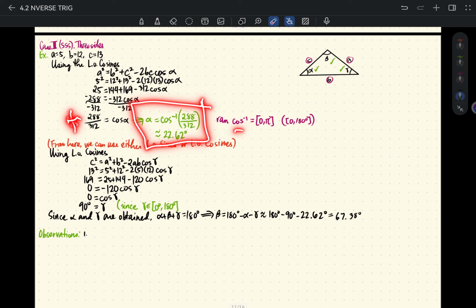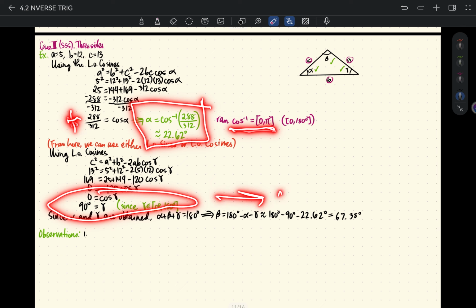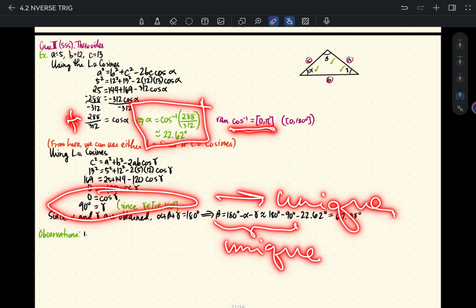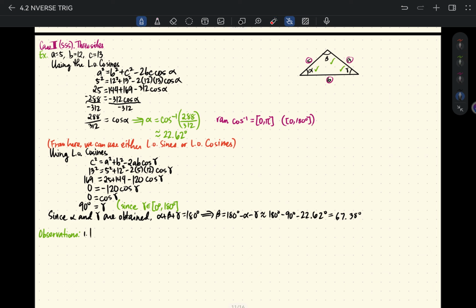That's because the range of cosine inverse is 0 to pi. And in the second step, whether you use law of sines or law of cosines, you also obtain here a unique value. And so, if you obtain the third angle, since you have two unique angles, we're sure that the third one is unique as well. So for number 1, if a solution exists, then it is unique.